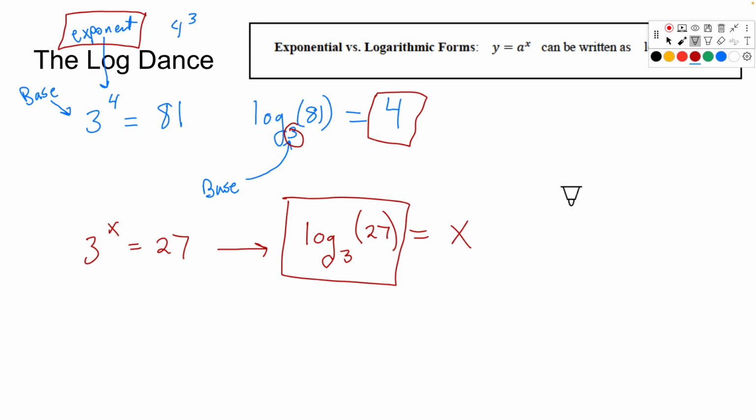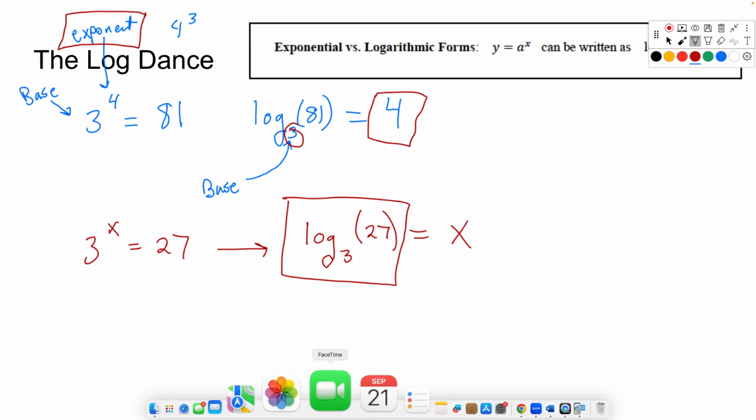And while we're here, why don't we go there? Because today's lesson is mostly about properties of exponentials, and this is one of the big properties, what I call the log dance. You won't see it in any book, at least I don't think so, because I just made it up because it seemed to make sense. Maybe somebody else has stolen it and written it in a book, but the log dance.